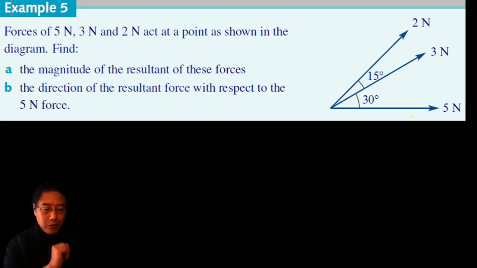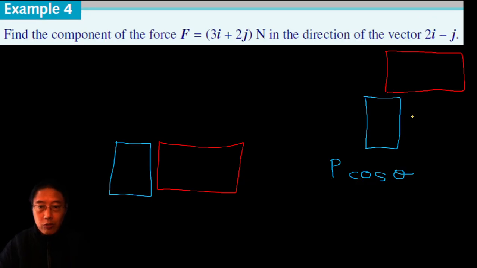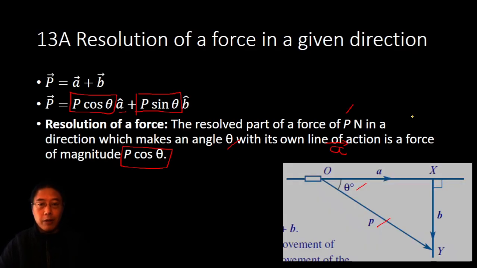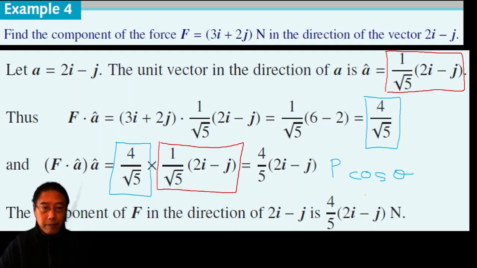So we're going back to the original situation, which is this one. So you will know the magnitude from part A, and the angle is given from the graph.